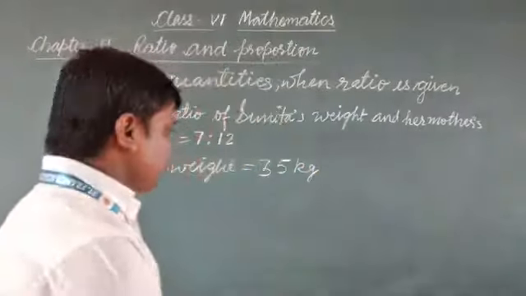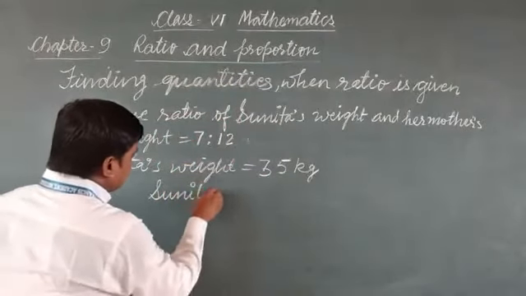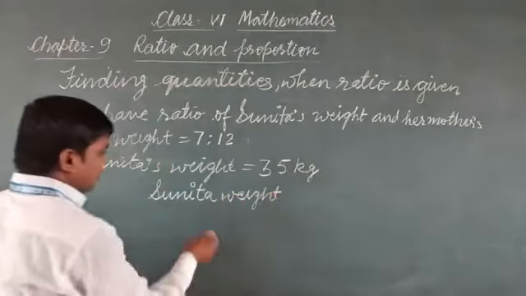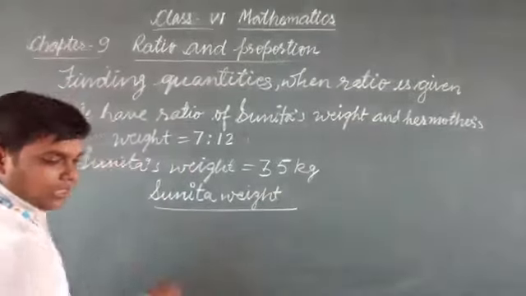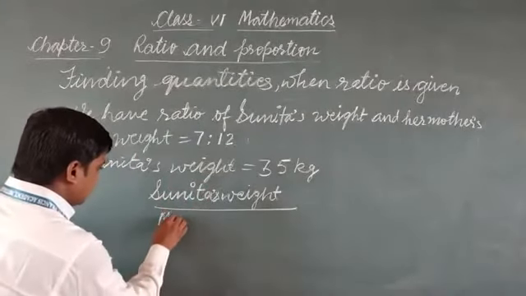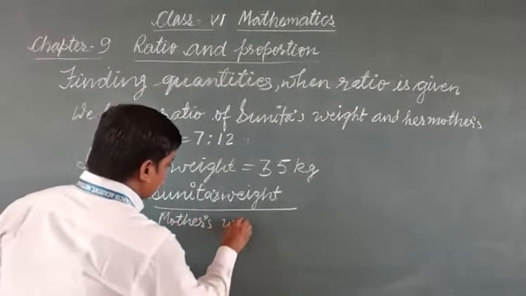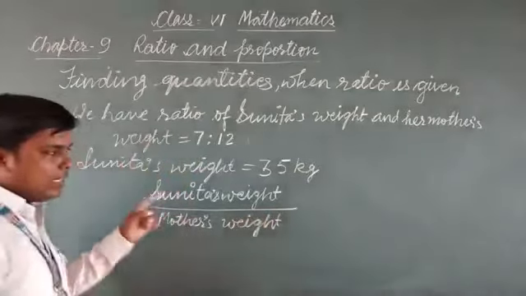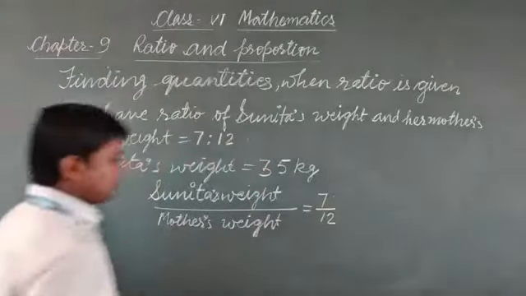So we know by the ratio, Sunita's weight by mother's weight, I am writing the ratio of Sunita's weight and mother's weight, which is given as 7/12.